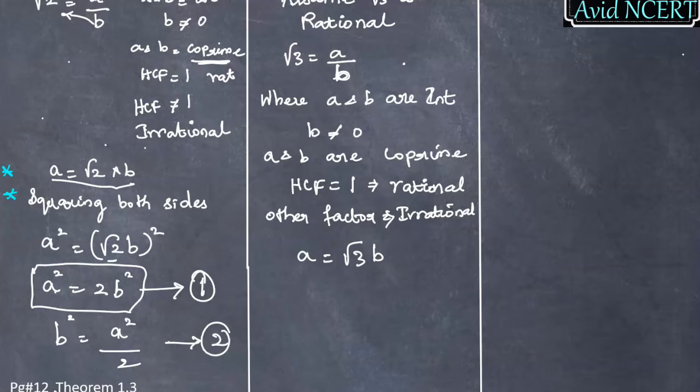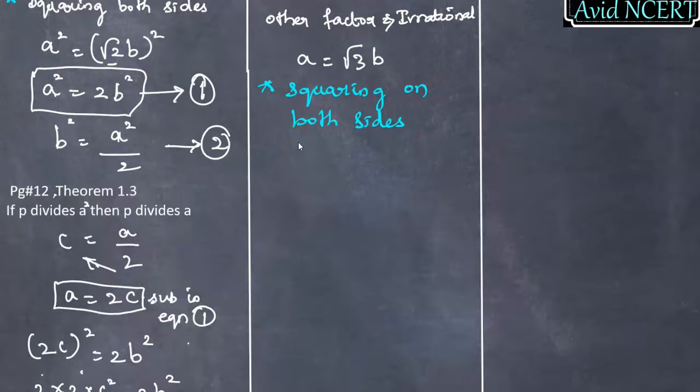Now next step, squaring on both sides. So let's square this on both sides. a square equals root 3b the whole square.